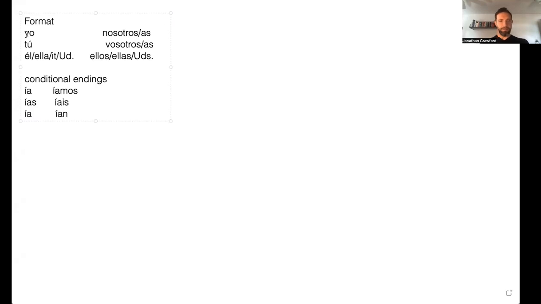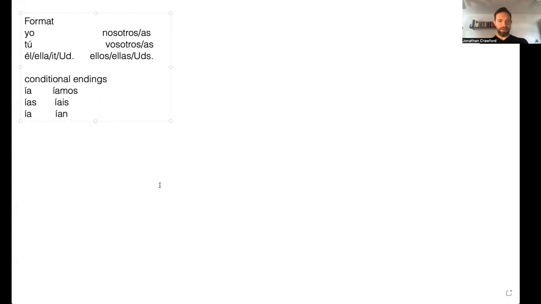All right, so if you want to learn how to form the conditional, this is all you need to know. You just need to know what it is and how to do it, right? So you follow the format and then you put these endings.